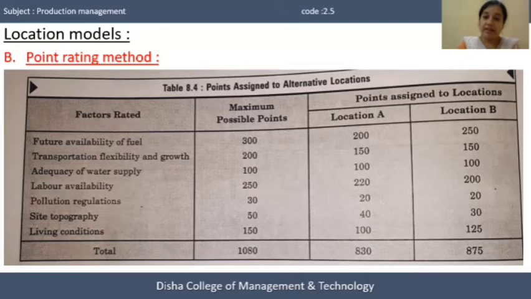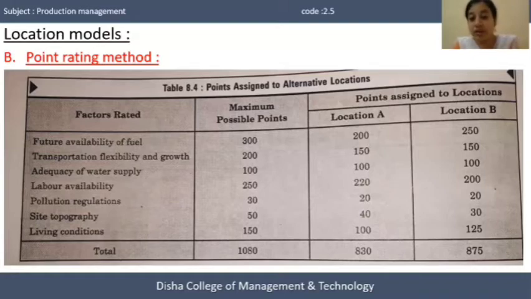After that, he identifies different alternate locations which are available to him, that is location A and location B. He may be in confusion about which location is suitable for him, whether he chooses location A for installing the plant or location B. So after identifying the alternate locations, he assigns various points to a particular locational factor in a particular location out of maximum points.